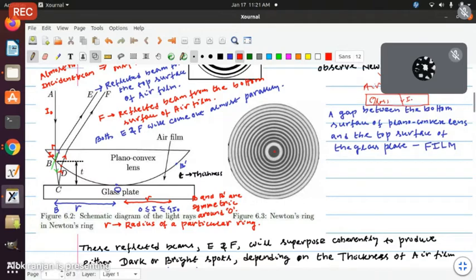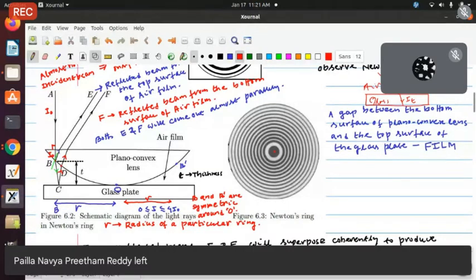So now I can say IT is transmitted and IR is reflected. So if the initial incident intensity is I naught, IR represents reflected intensity and IT represents transmitted intensity. So we should have this law, I naught equals IR plus IT for any angle.